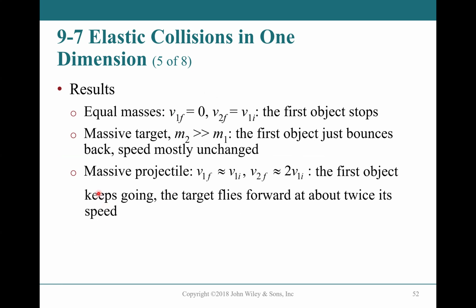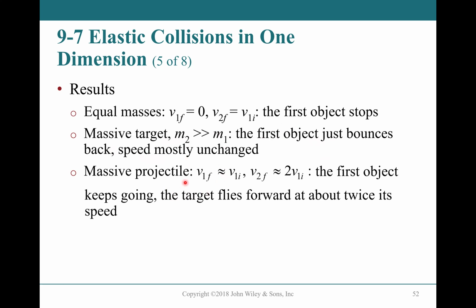And we have some very specific results. If we have equal masses, then V2 final equals V1 initial, and the first object stops. If we have a massive target, then the object just bounces back, with its speed mostly unchanged.